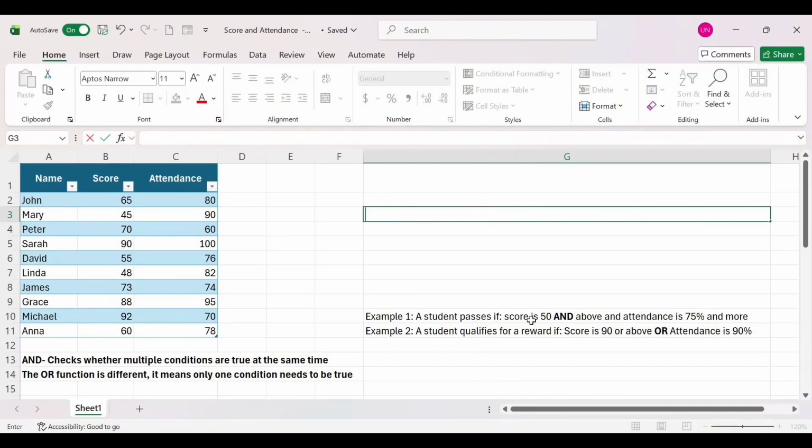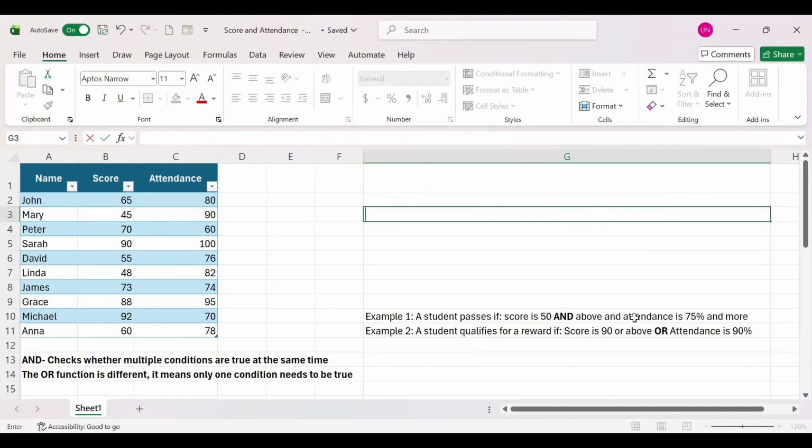So each student must meet both criteria to be able to pass. If someone scores 90 and their attendance is below 75, they would not pass. One person must meet both criteria. If the person scores like 60 and also meets 75% attendance, the person would definitely pass.